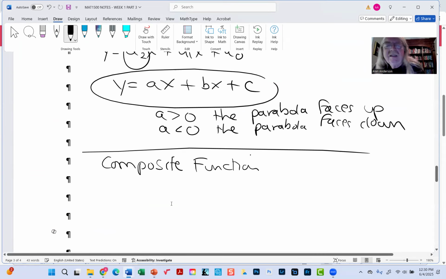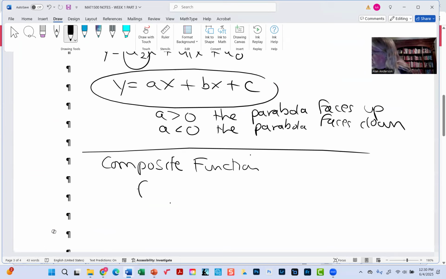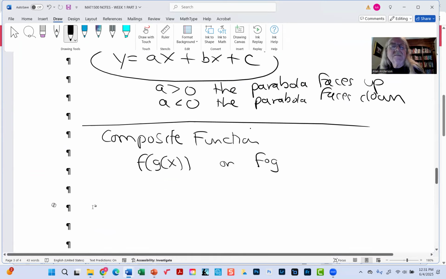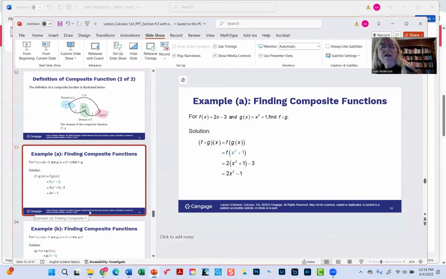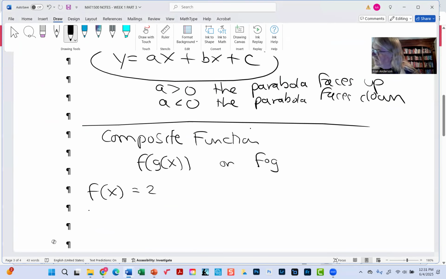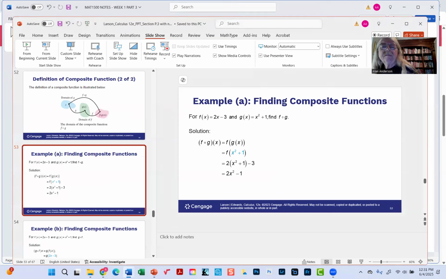So we often write it as f of g of x. Sometimes you see it written like this. It's a shorthand. The ones they're giving us are 2x minus 3 and x squared plus 1.